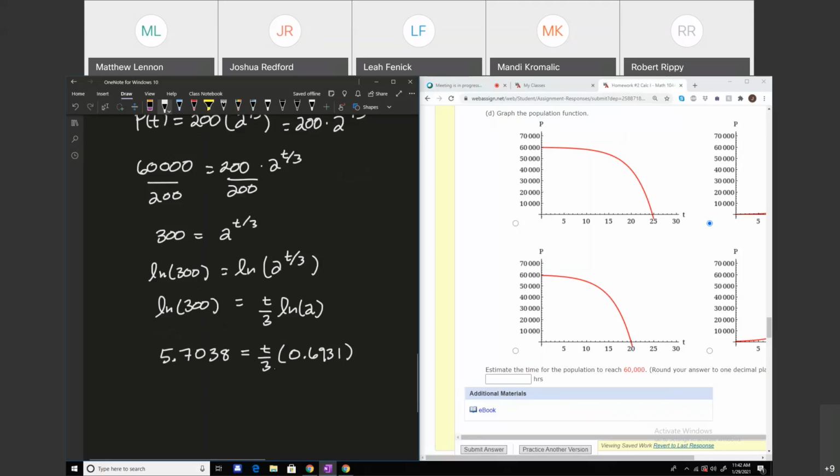So again, divide that by 3. We get 5.7038 equals 0.2310 times t, and then just divide by 0.2310.